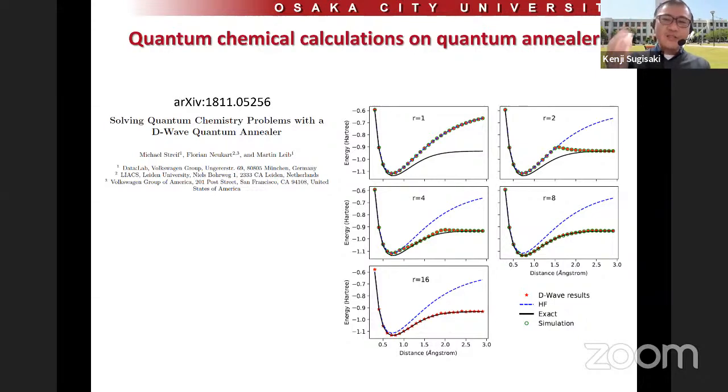But if we increase R, we can take into account the electron correlation effect. If R equals 2, the result is something like this. This follows the Hartree-Fock wave function. And here, the wave function switches to the spin triplet wave function, probably in the Ms equals 0 state.